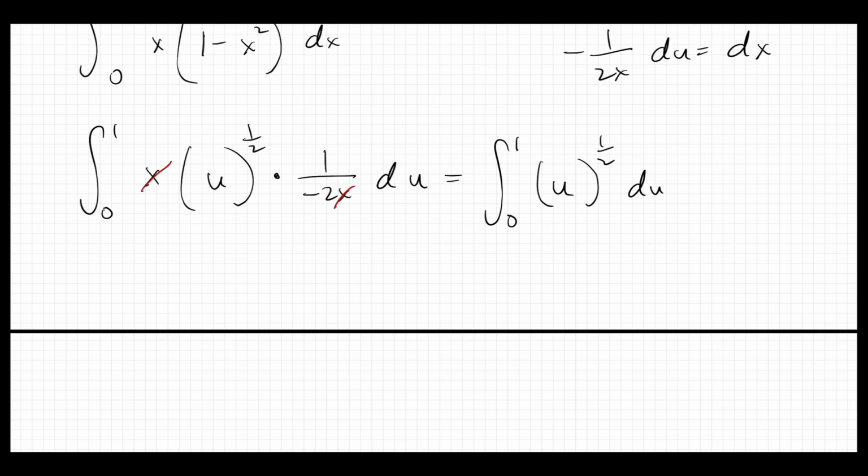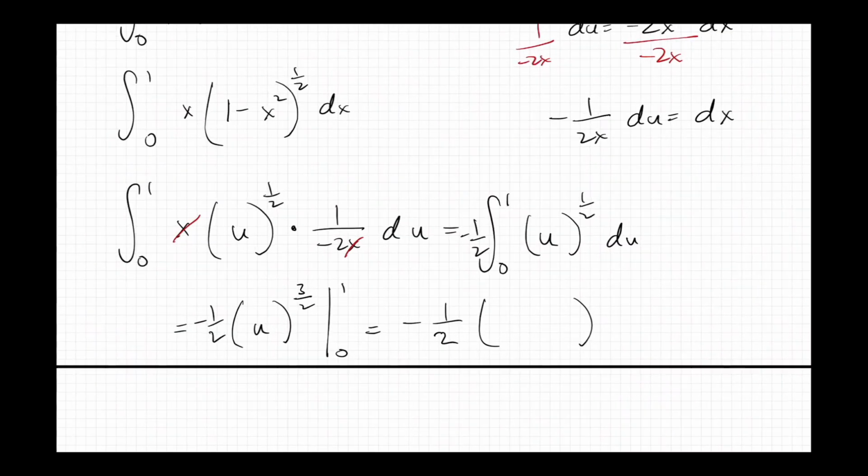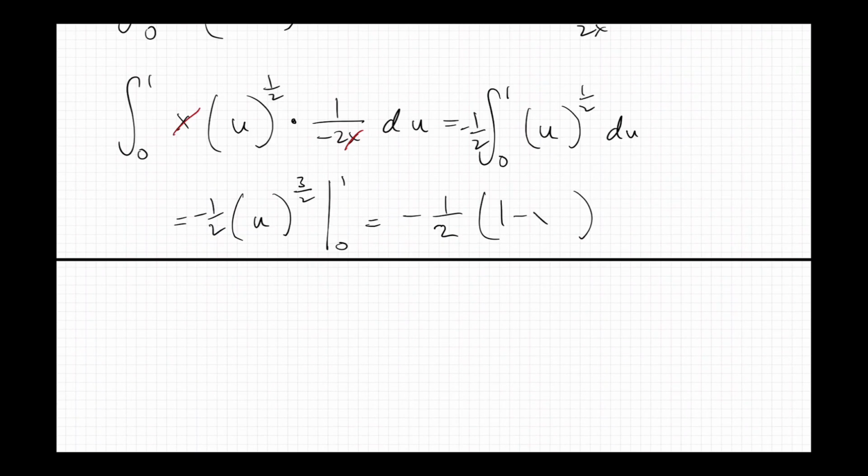Here I'm going to add 1 to the power, so I get u to the 3/2. And then I got 1 over 2, 1 over 0. Plug it back in. u is 1 minus x squared to the 3/2, from 1 to 0.